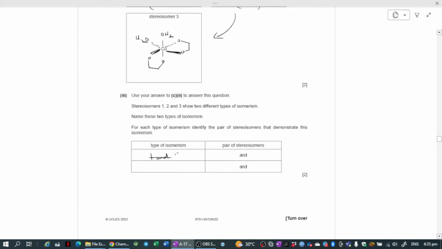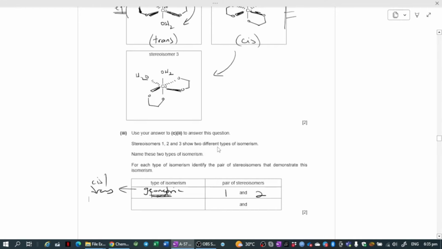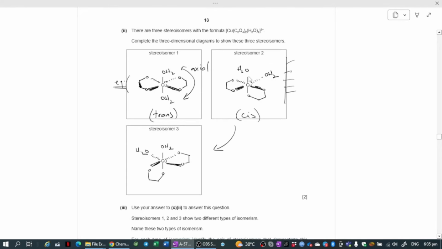1 and 2 shows geometric isomerism, which we know as cis-trans isomerism. And then stereoisomer 2 and 3, right?